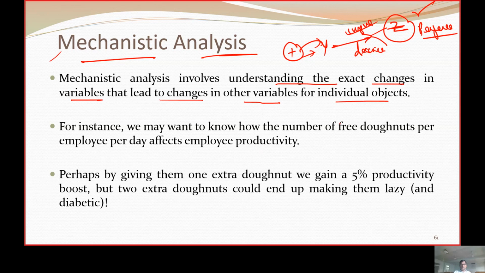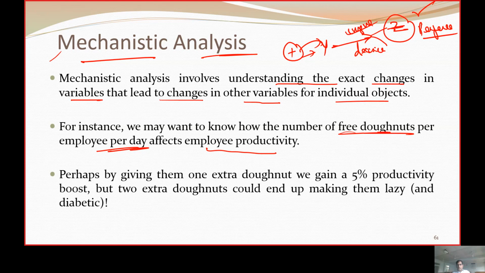One example was that the employees in an organization were given some donuts, every employee one donut or a number of donuts. Therefore, they are going to increase the productivity.